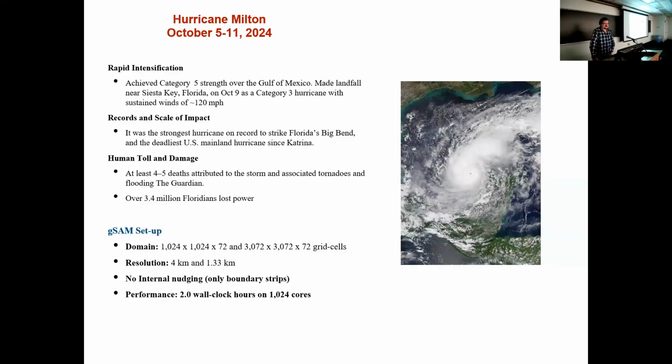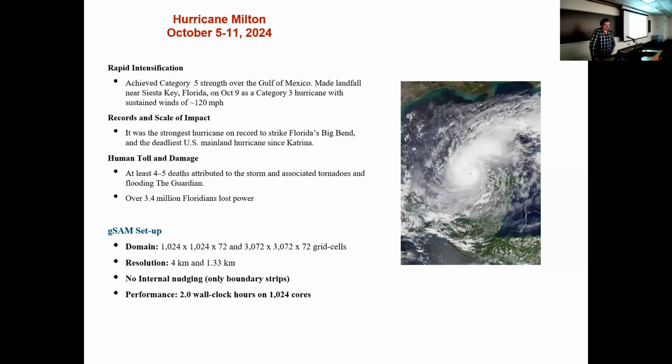Now, another hurricane is Milton. And Milton was an interesting hurricane. It was last year, over the Caribbean. It developed into category 5 in the Gulf of Mexico, and that's very rare in the Gulf.